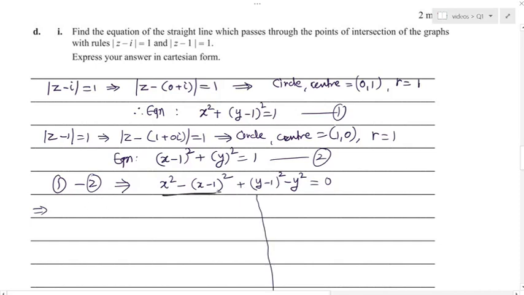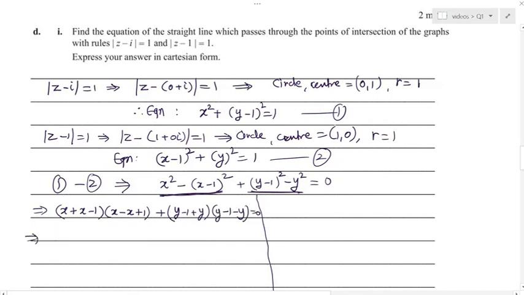So here, this is a difference of 2 squares, and that one is also a difference of 2 squares. So this is (a + b)(a − b), that is, x − (x − 1) times x + (x − 1). This one, again, is the difference of 2 squares, so (a + b)(a − b) equals 0.